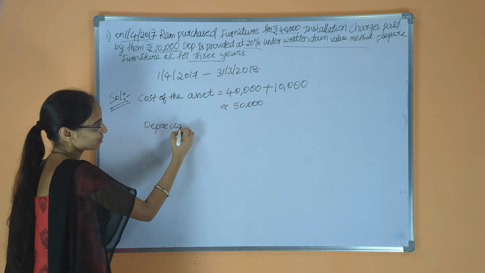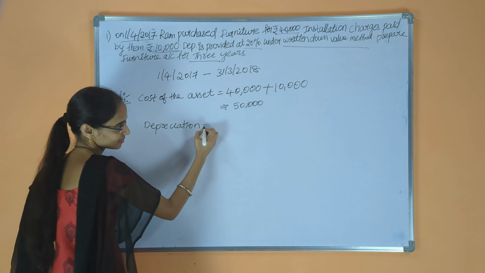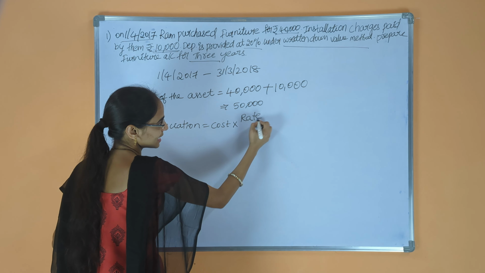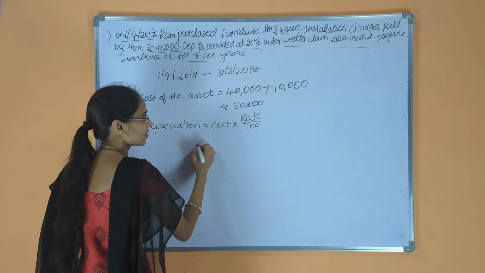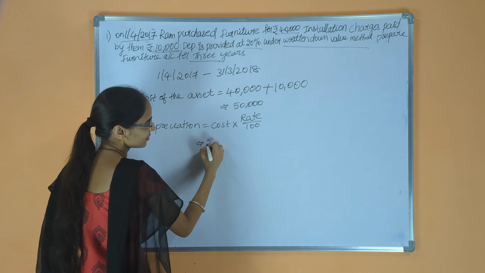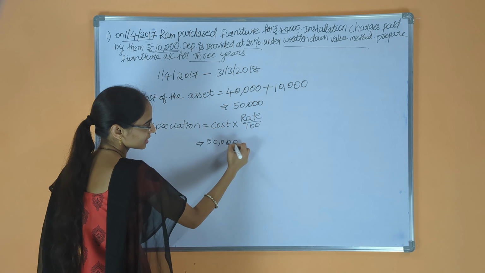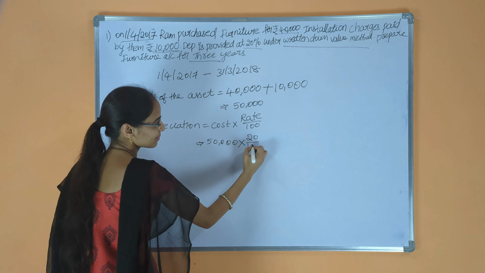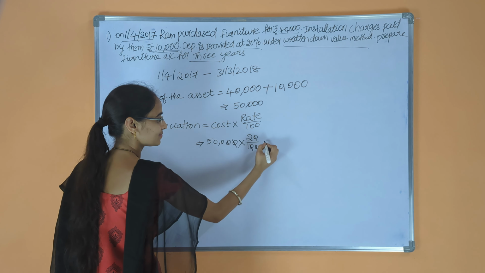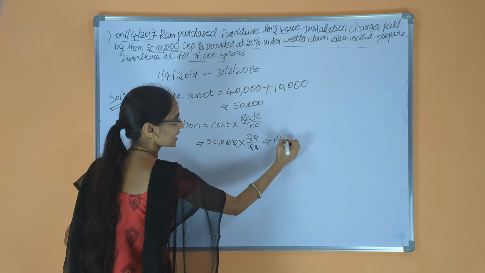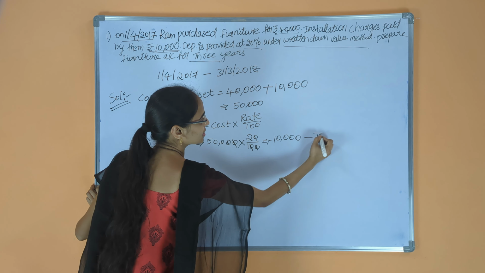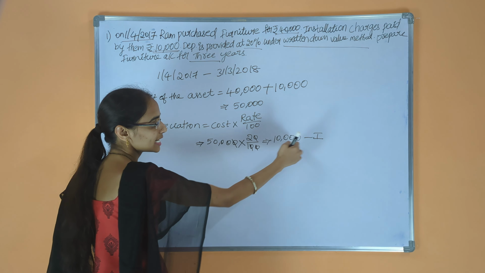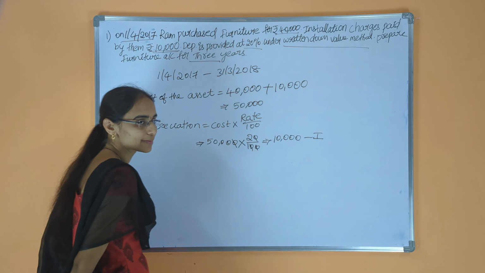Depreciation is equal to cost into rate by 100. Cost amount is 50,000 into rate 20%, means 20 by 100. 5 twos are 10. Okay, the depreciation amount is 10,000. This amount is for the first year depreciation.